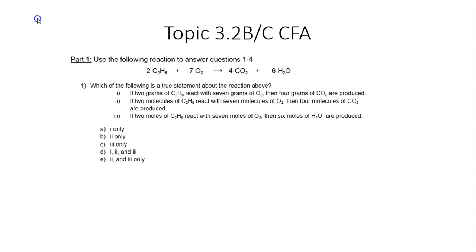Hey, so you are here so that we can get to the bottom of topic 3.2 B and C CFA. So this is stoichiometry, limiting and excess reactants, and percent yield. Now, just a reminder, every year this is troublesome for a lot of students. But every year, those same students who find this troublesome eventually figure it out if and only if they stick with it.